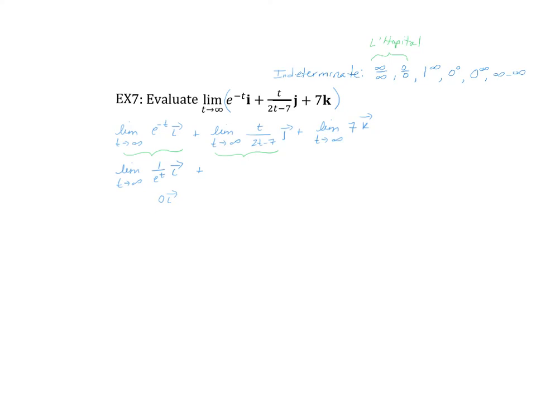Or we could algebraically divide all these terms by t. If I divide all these terms by t, I'm looking at the limit as t goes to infinity of 1 over 2 minus 7 over t.